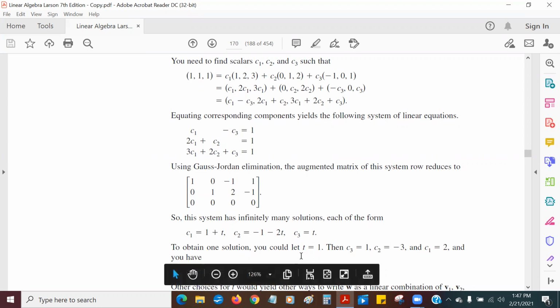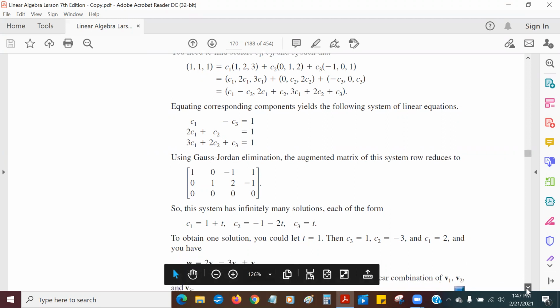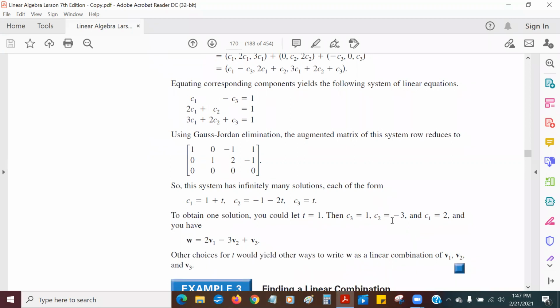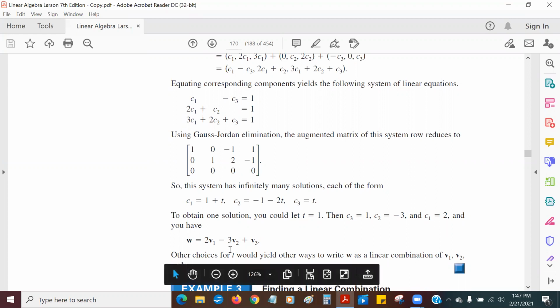So for example, if t equals 1, then c3 is just going to be 1, because that is t. c2 is -1 minus 2t, which comes out to -3, and c1 is 1 plus t, which makes it 1 plus 1, which makes it 2. And then we have w equal to 2v1 minus 3v2 plus v3.